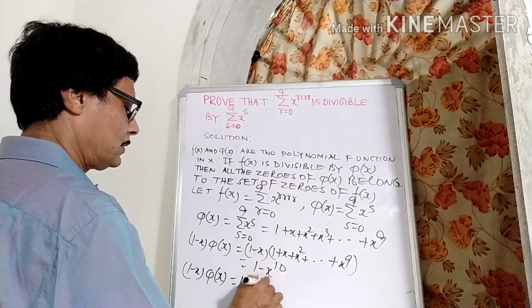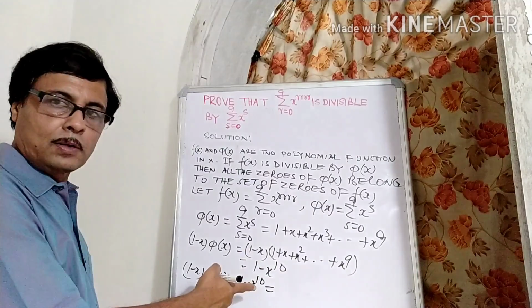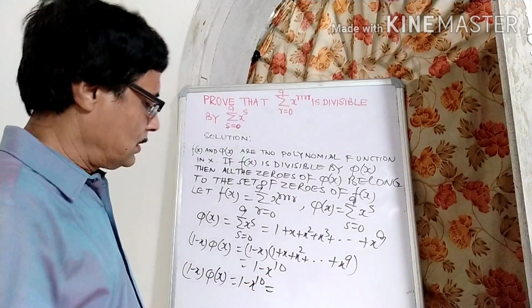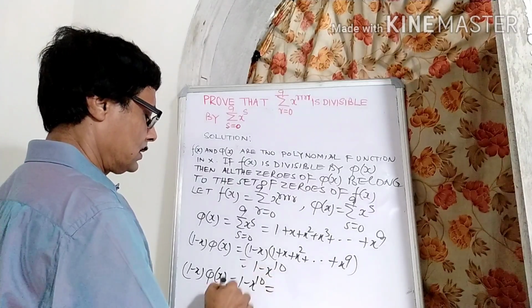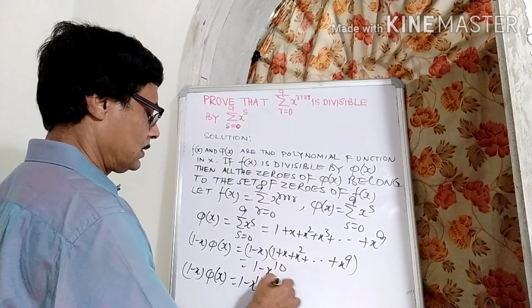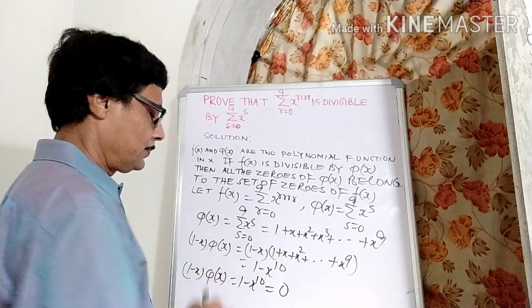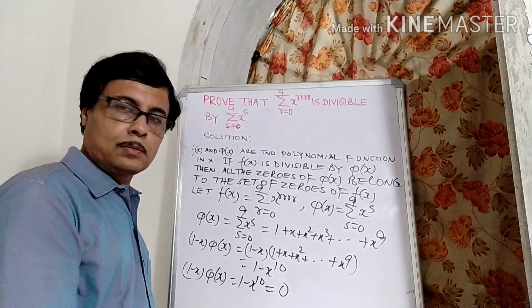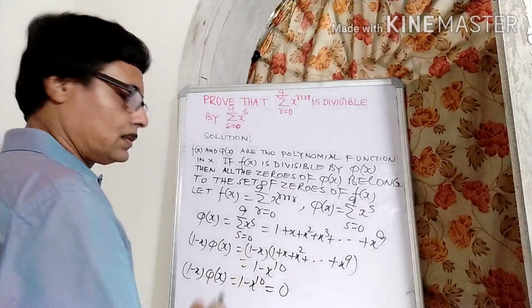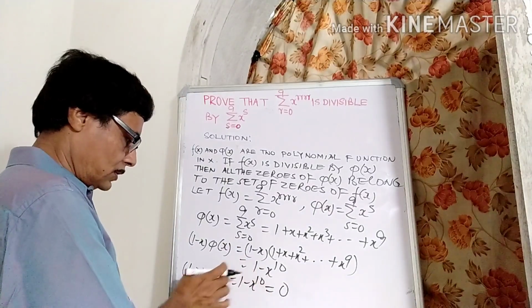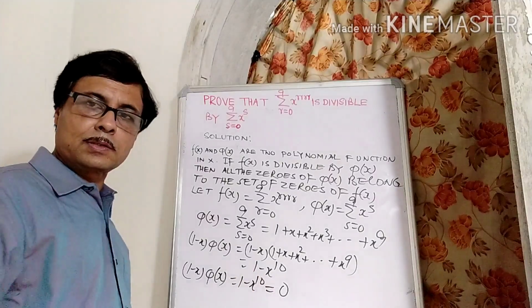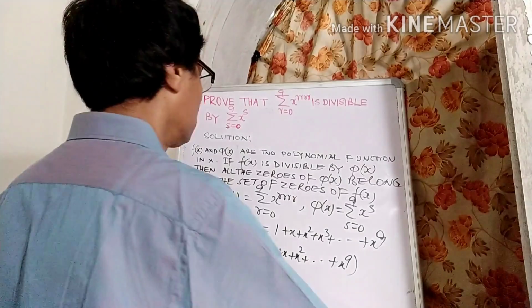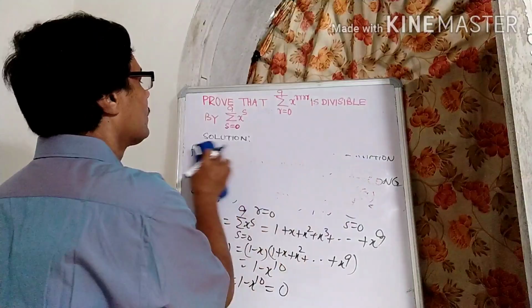We have to find out the roots of this polynomial, so we equate it with 0 to find the roots.